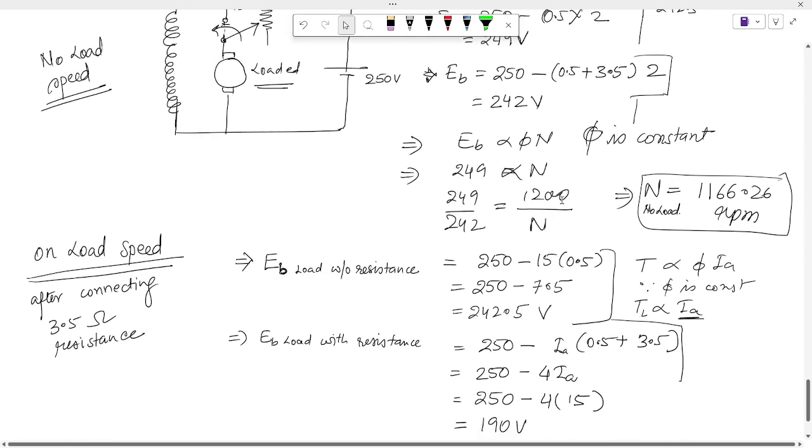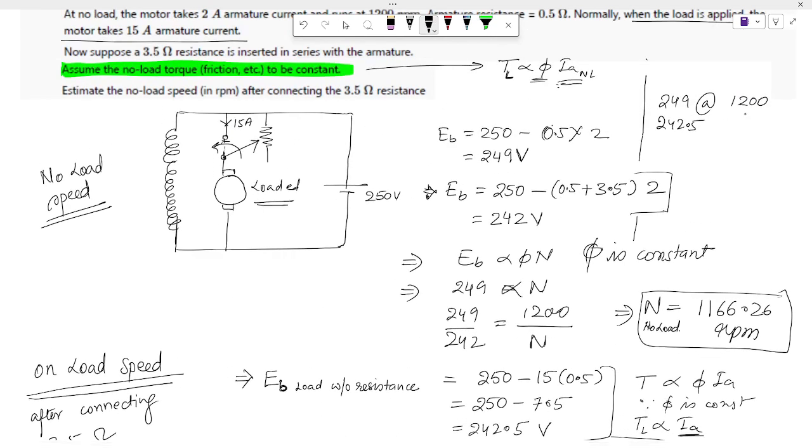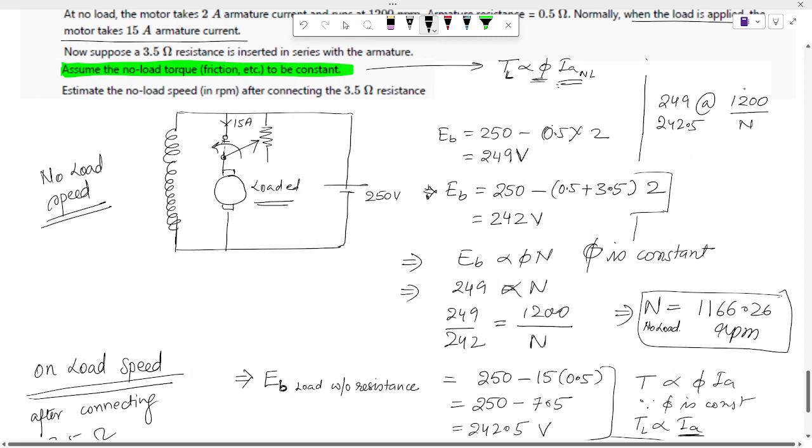Find out, flux is constant, what will be the speed N without resistance under load? Tell me.